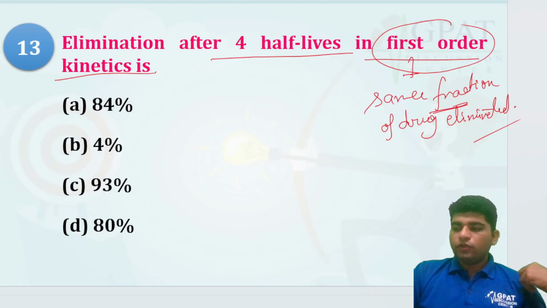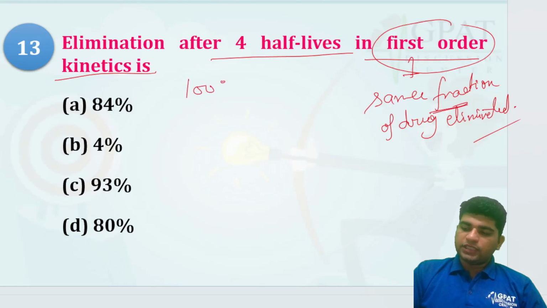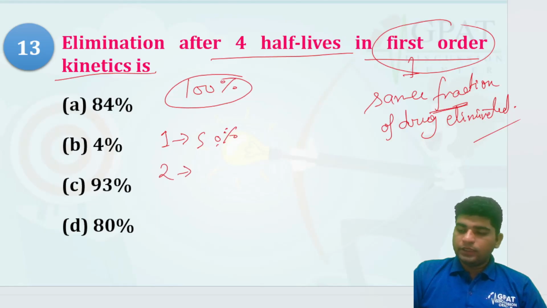So, 4 half-lives. If the drug is 100%, after the first half-life the drug will be 50%. After the second half-life, half of 50, that is 25%, but you have to add it, that is 75%.